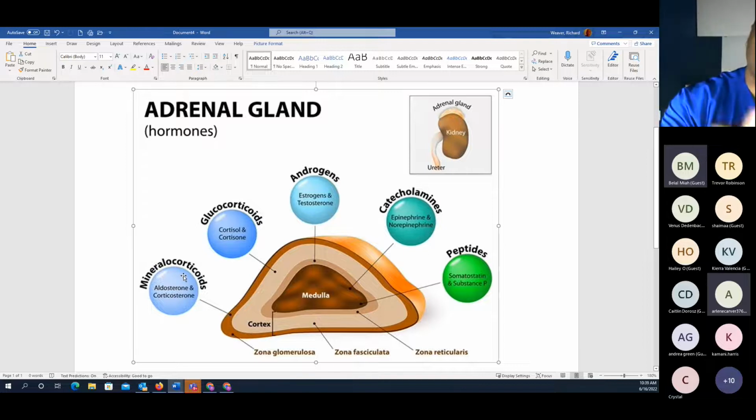So the aldosterone travels to your kidneys, and then it causes it to reabsorb sodium and water. So as far as a symptom for Cushing syndrome, what do you all think your blood pressure would look like, with what I just said?